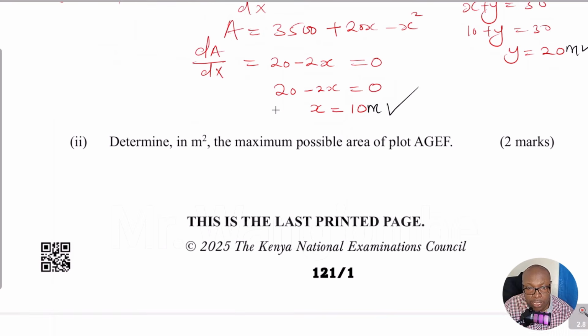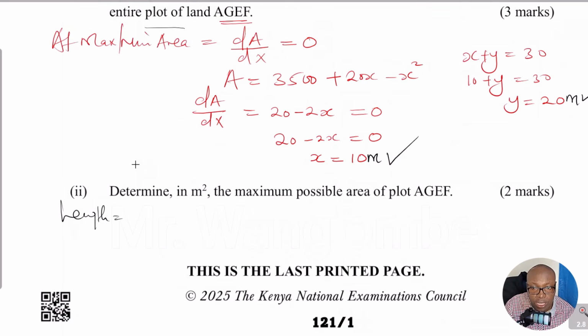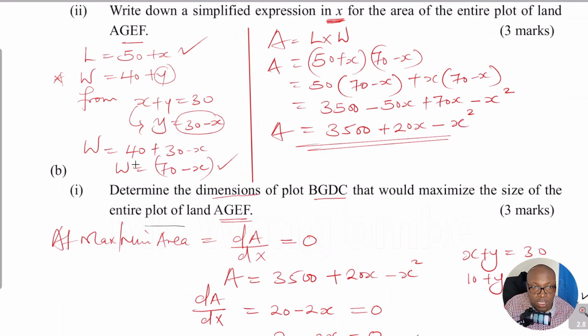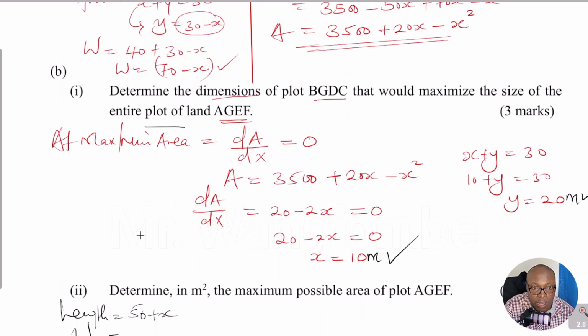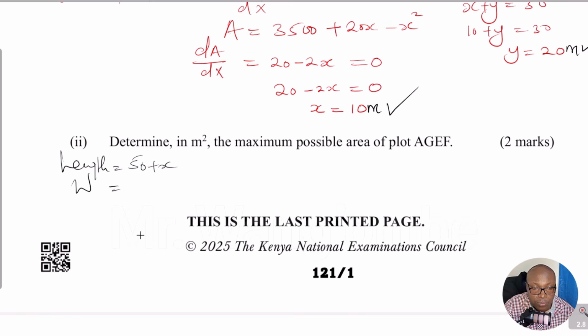Then, determine in meters squared the maximum possible area of the plot. Because we have the dimensions that give the maximum area, we now use them. Remember the length of the plot AGEF was 50 plus x, and the width was 70 minus x.